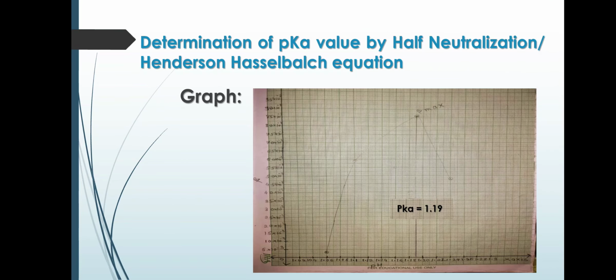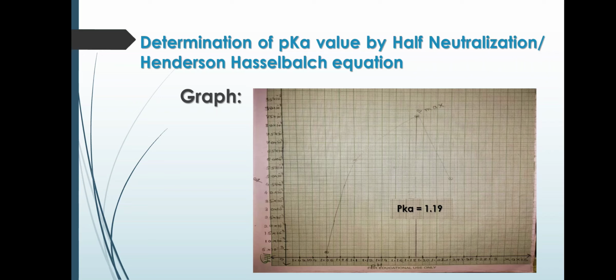In the graph you can see we have plotted beta versus pH readings, and we have to find the pH at which beta is maximum, and that pH is equal to pKa. In principle we have seen that at the equivalence point pH equals pKa.